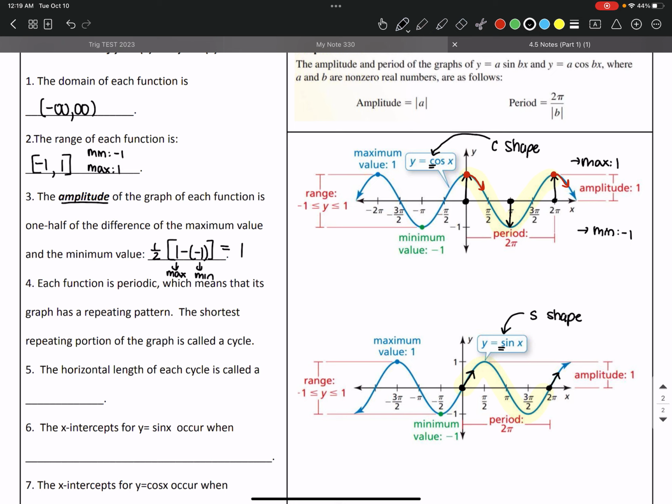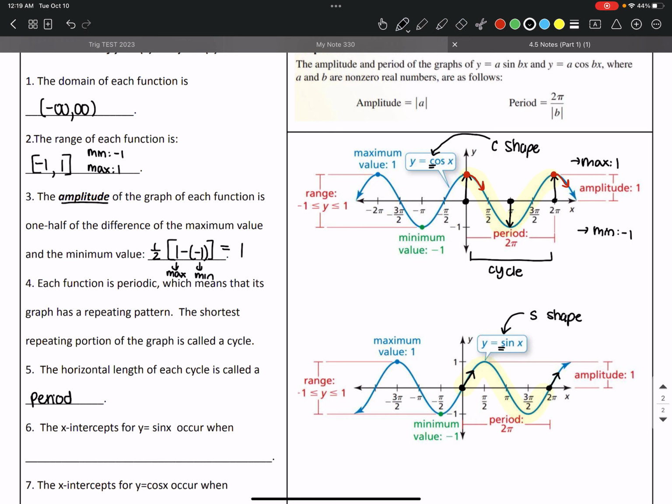That shortest repeating portion of the graph is called a cycle. So this here, from here to here, that C shape is called a cycle. And the horizontal length of each cycle is called a period, which I see here. So the length of a cycle is a period.